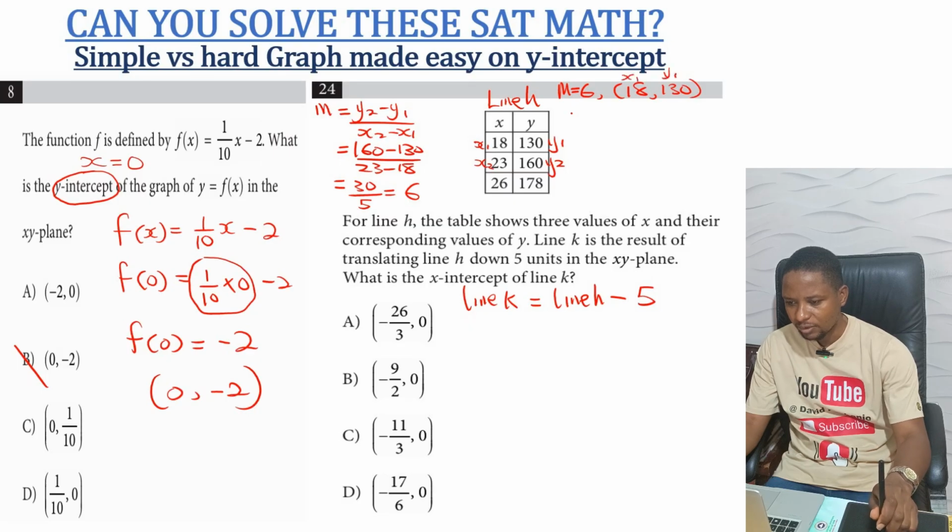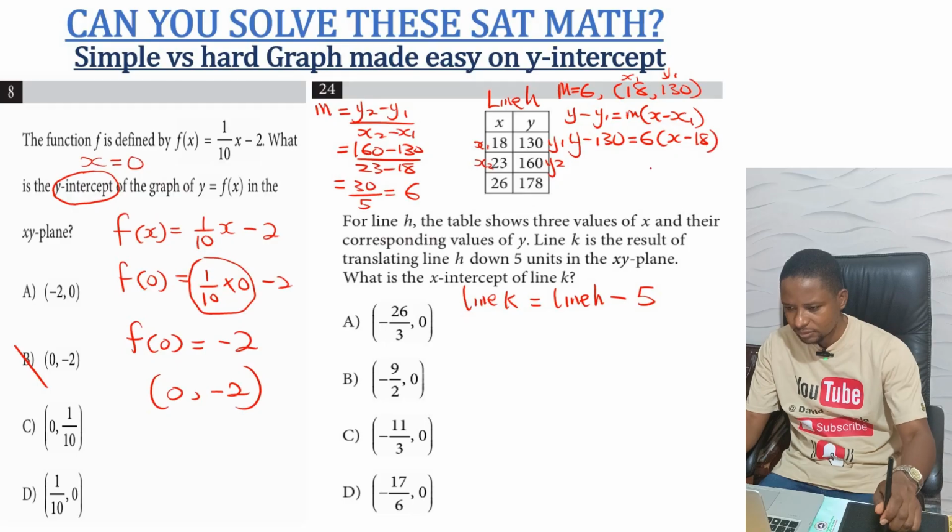So therefore, I can recall the formula, which is y minus y1 equal to m into x minus x1. Now, plug in all your information. You have y minus, what is y1? That's 130. Equal to m, which is 6, into x minus 18.